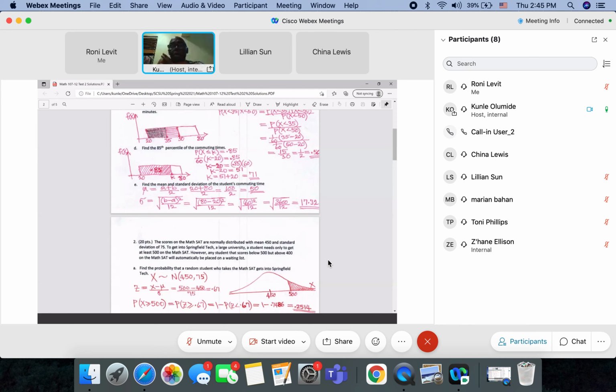Okay, that's where I messed up. I noticed from our answers, yours is 0.2514 and mine is 0.2525. Because I didn't keep my answer in 2 decimal places. But to use the table, you have to keep your answer in 2 decimal places. That's where I messed up.